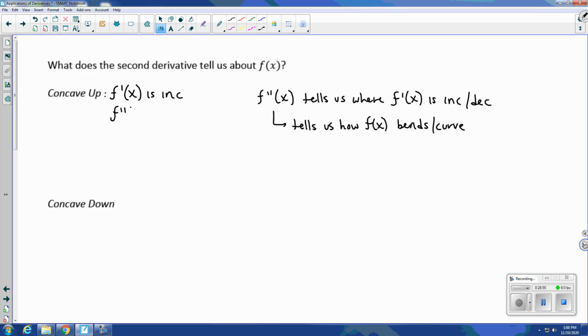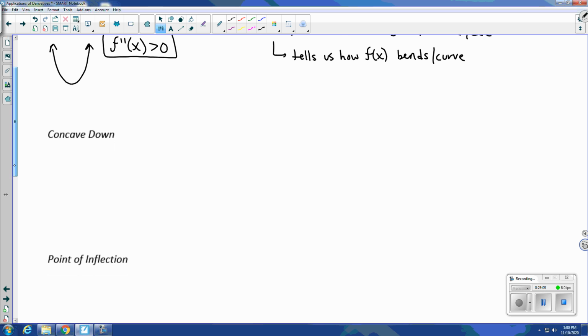That's when the second derivative is positive. So the second derivative will reveal to us the concavity. Again, concave up, something like this. Concave down will be when the first derivative is decreasing. And we'll know when the first derivative is decreasing when the second derivative is negative.